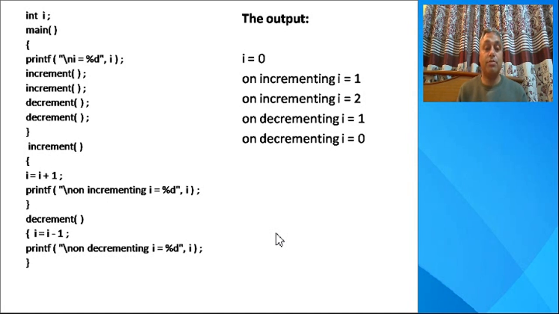Now it is clear from the program that we have declared the variable I outside the main function, but we are accessing the variable I inside the main function, and we are also accessing the variable I in the functions increment and decrement. So it is a global variable. It can be accessed from any part of the program, from any function of the program directly, and its value remains as it was earlier.